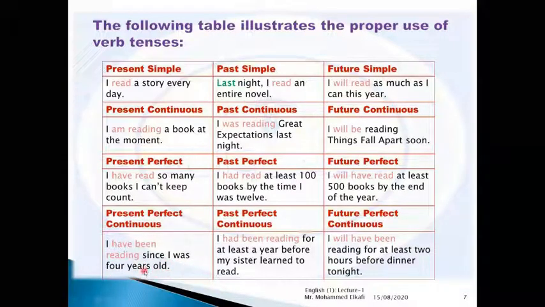So in the same way as present perfect, here we think of present perfect continuous: I, you, we, they plus have plus been plus verb plus ing, and he, she, it plus has plus been plus verb plus ing.